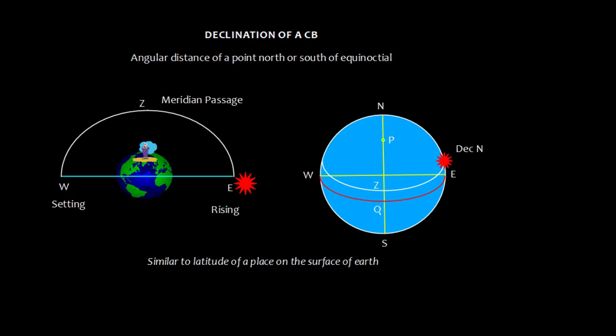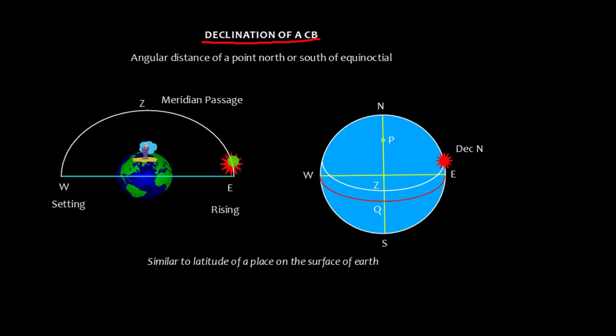Now we come to another important term, which will be used very frequently, that is the declination of a celestial body. The declination is like the latitude of a place on the surface of the Earth. On the celestial sphere we call it declination, and declination belongs to a celestial body. Imagine the sun is rising like this in the east, crosses the observer's meridian and sets here in the west.